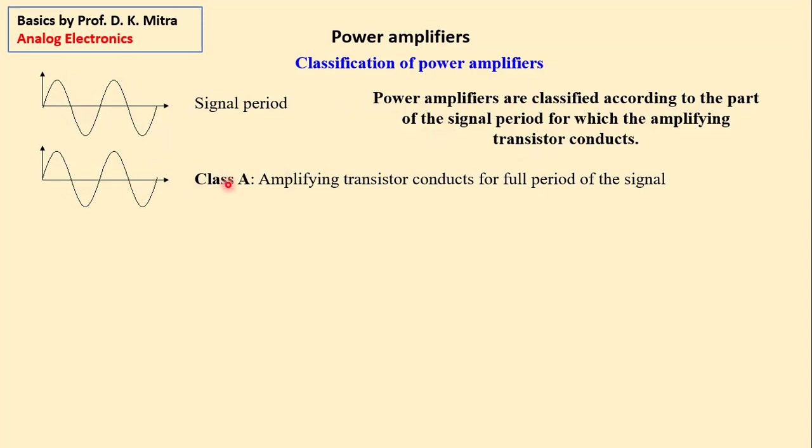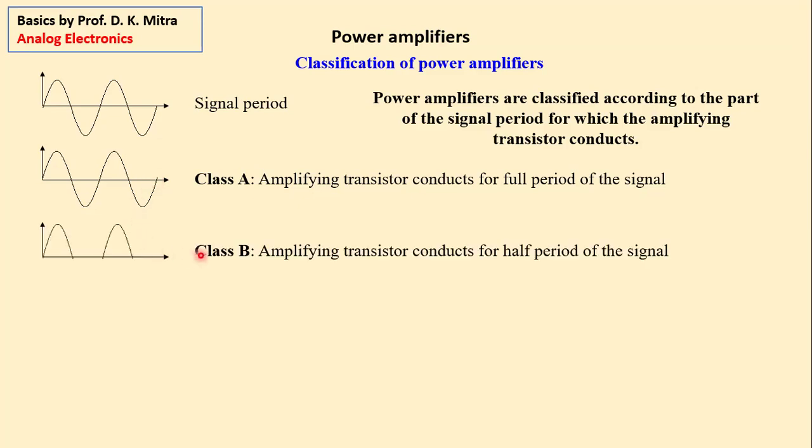Class A amplifier is when the amplifying transistor conducts for the full period of the signal. That means when we discuss class A amplifier, we shall see the transistor conducts for the full 360-degree or 2 pi period of the signal.